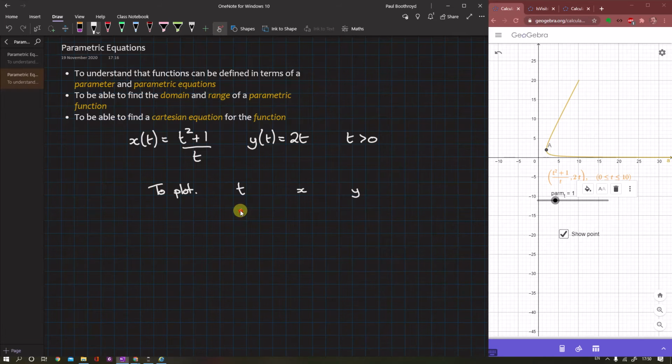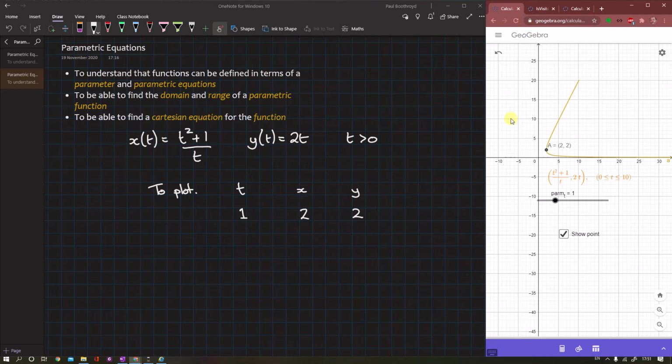So if I put t equals 1, 1 squared plus 1 is 2, over 1 is 2, and we get 2. That gives us a point (2, 2) that you can see here on the graph. I've just turned on the coordinates of this point. So when t is 1, we get 2, 2.